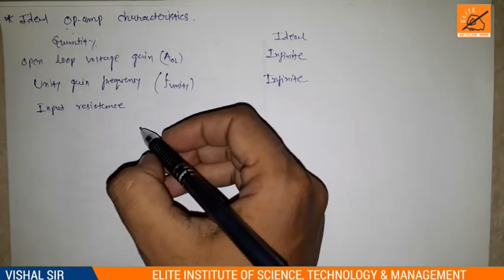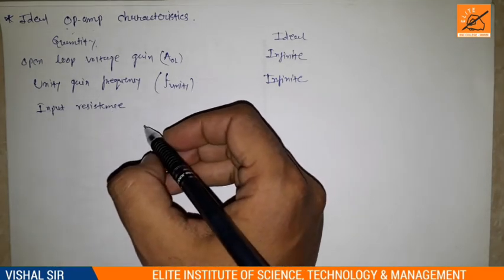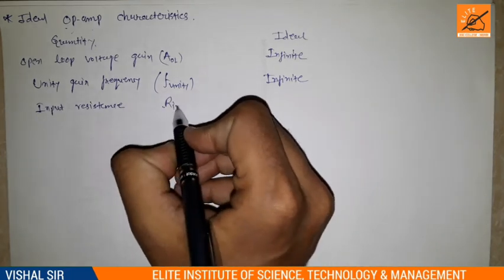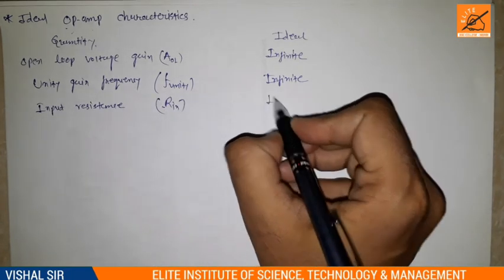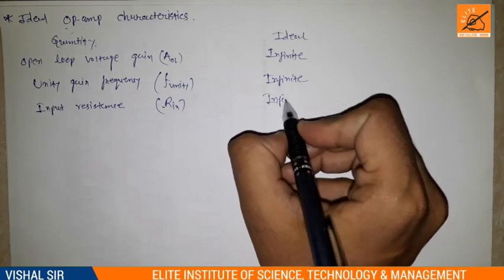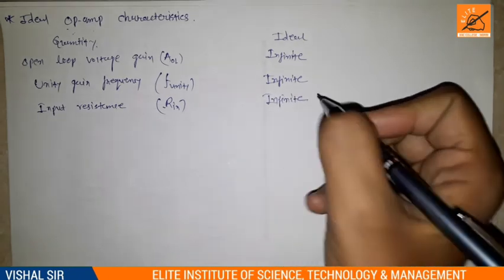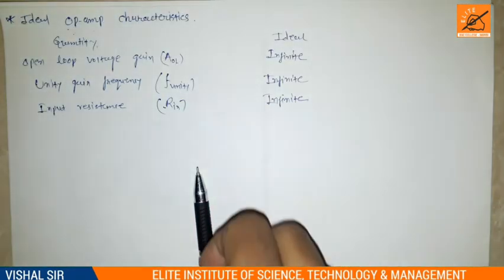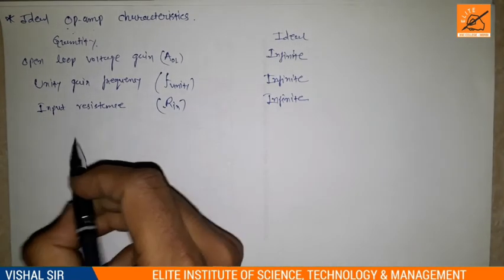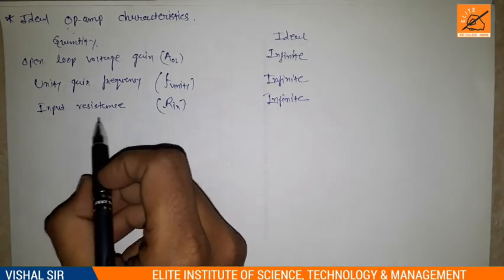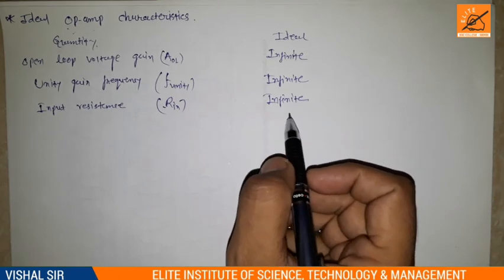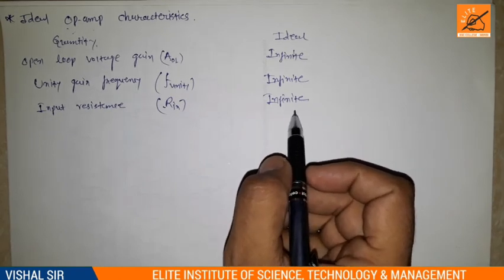The value of input resistance, denoted by RIN, will also be infinite. So the value of input resistance will be infinite for an ideal op amp.